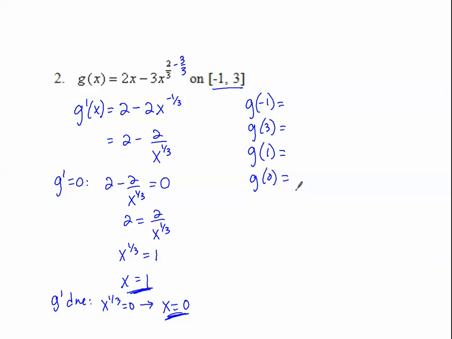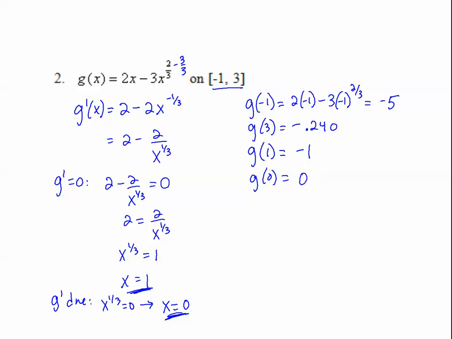What are those values? Plugging them in, for negative 1, I get 2 times negative 1 minus 3 times negative 1 to the 2/3, which looks like negative 5. Plugging in 3, I need a calculator for that one: negative 0.240. For g of 1, I plug in 1 and got negative 1, and for g of 0, I got 0.